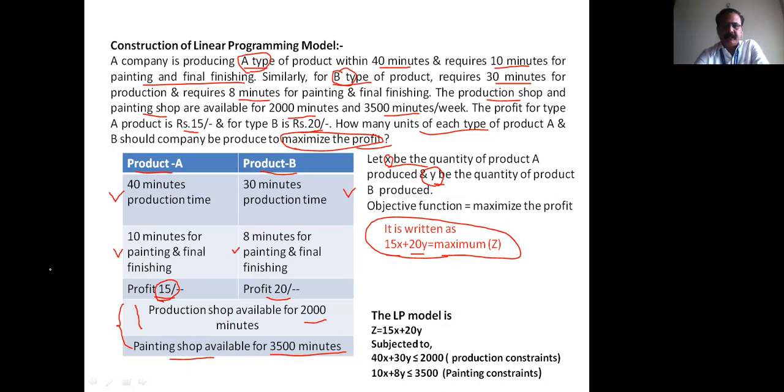Then next you have to find out how the constraint equations are to be formulated. Now the constraints are: the production shop is available for 2000 minutes and the painting shop is available for 3,500 minutes. Now see here, product A requires 40 minutes for production and product B requires 30 minutes for production.